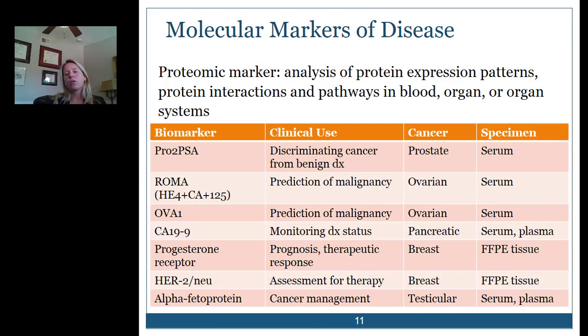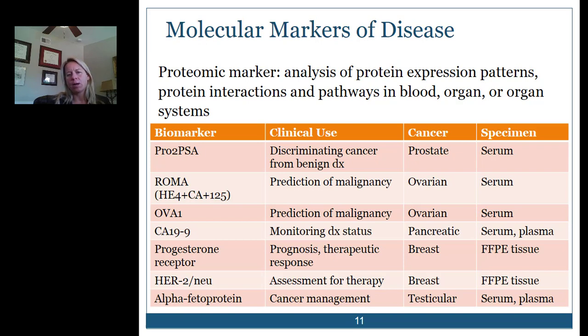And then the other category I want to talk about is the proteomic marker. As the term implies, it's looking at markers associated with proteins or protein expression patterns. There are a myriad of these kinds of biomarkers, and I'm listing here on this table some well-established proteomic markers and what their clinical use is, what cancer they're associated with, and how they're captured or collected.